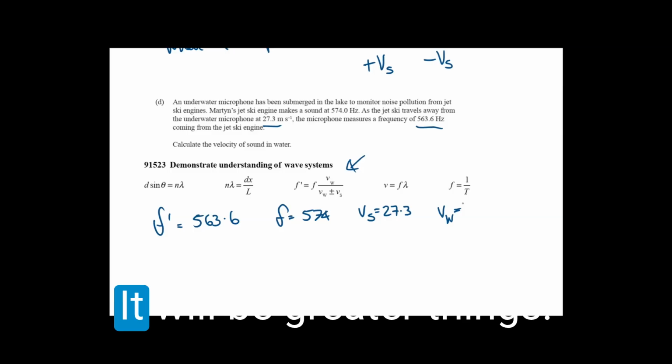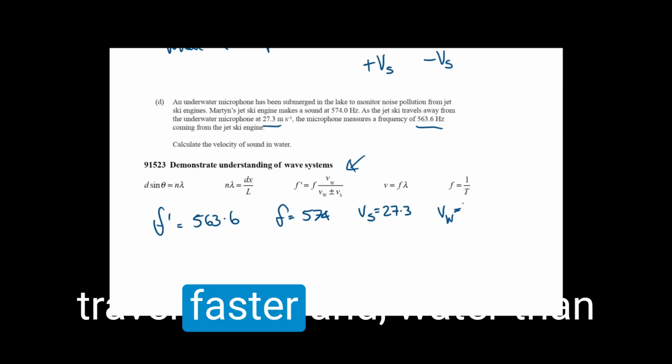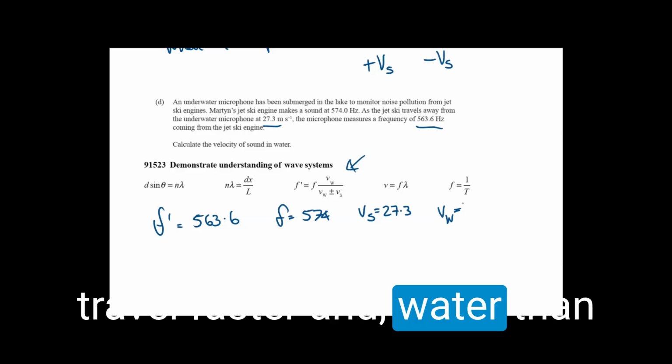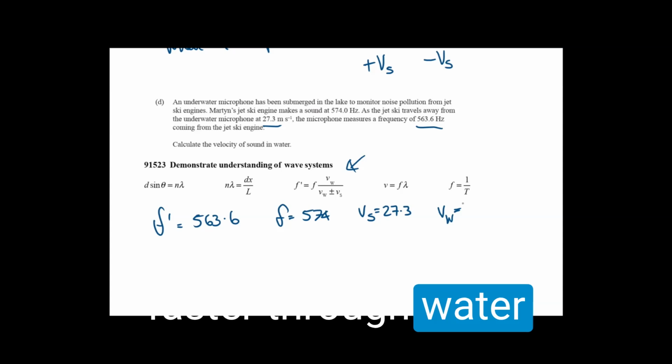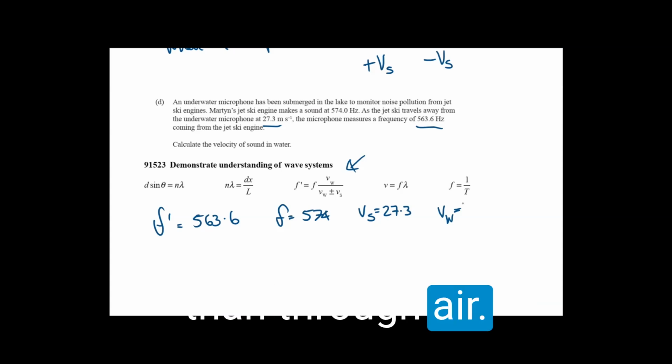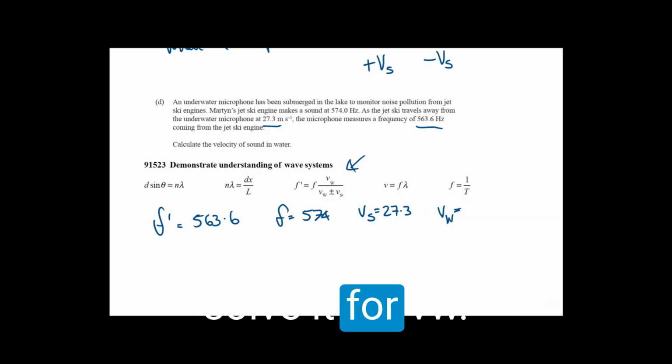Just a heads up, it will be greater. Waves tend to travel faster in water than through air, including sound. Sound travels a lot faster through water than through air. Now, we'll do the algebra and then we'll put the numbers in. So we want to solve it for VW.